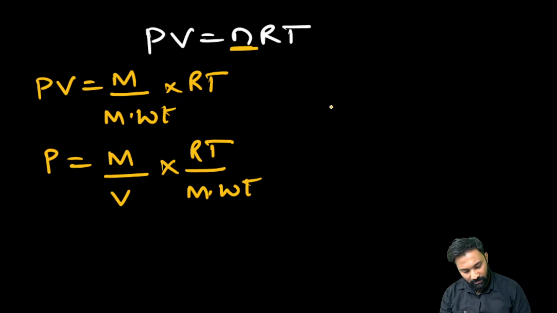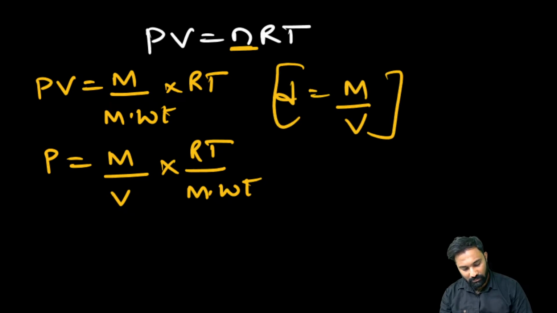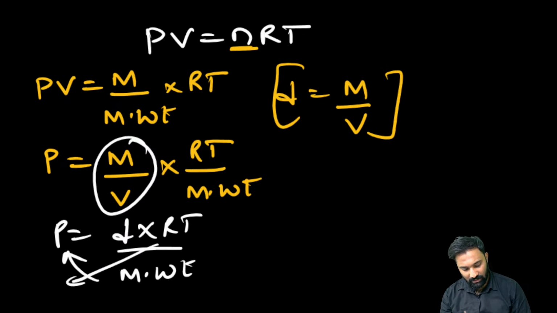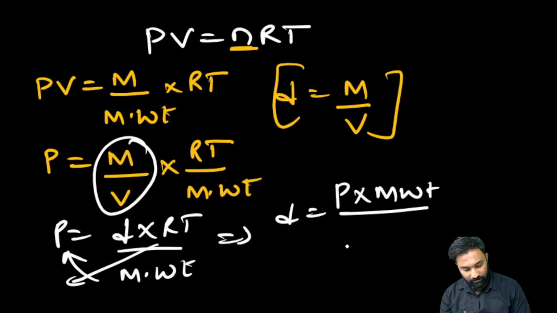Density is mass by volume, so P is equal to density into R into T by molecular weight. If you send the molecular weight and R to the left hand side, density is equal to P into molecular weight by RT.